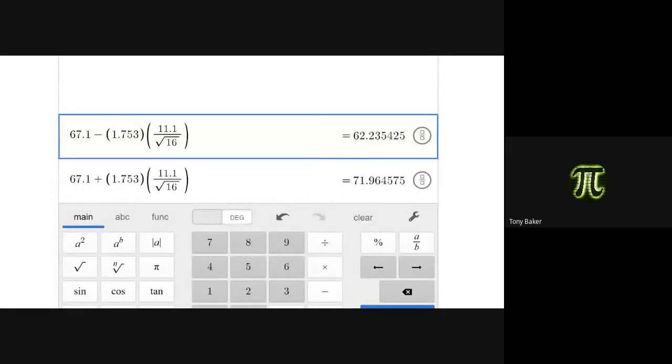So we're going to do our mean minus the T times the standard deviation divided by the square root of my sample size, which in this case is 16.